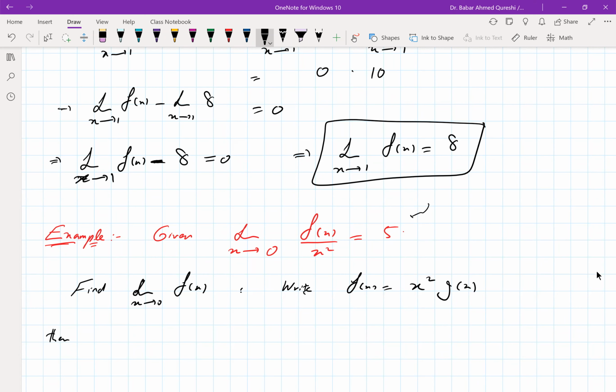Then this we know is equal to 5. But from here, I can conclude, since x is cancelled, that the limit of g of x is 5.